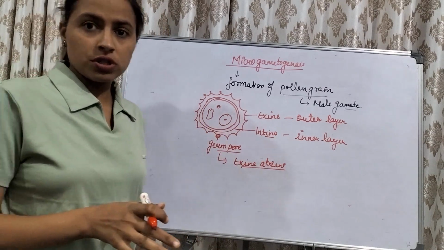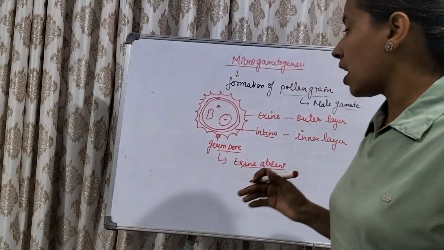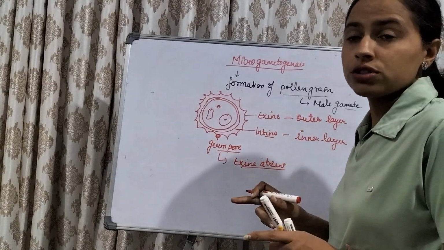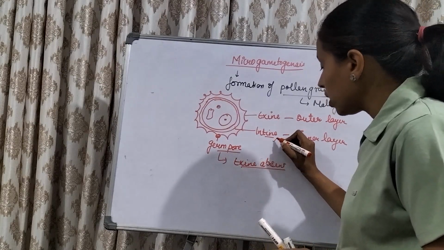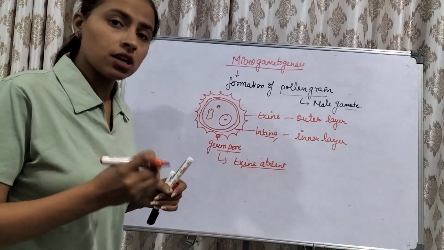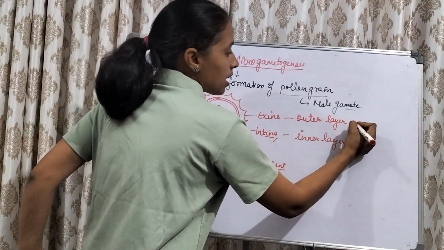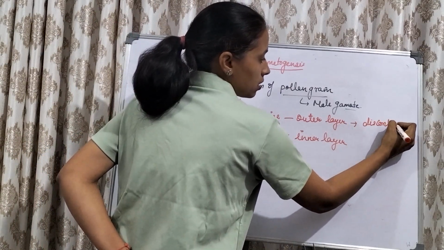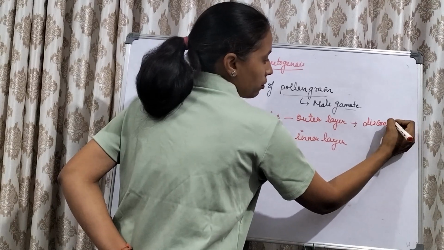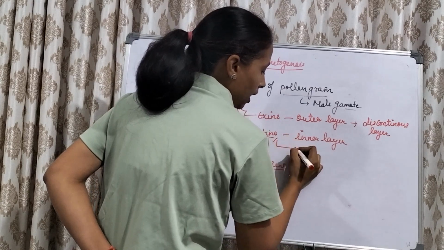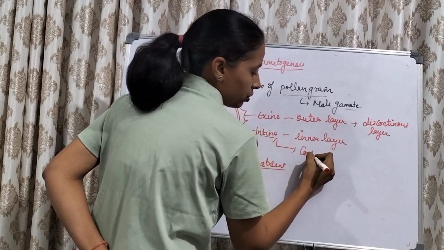So students, we say that exine is discontinuous and intine is continuous, because there is no area where intine is absent in the pollen grain structure.